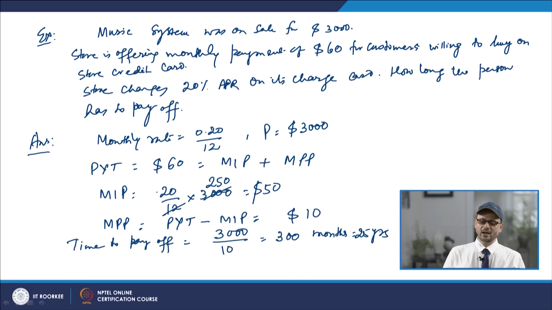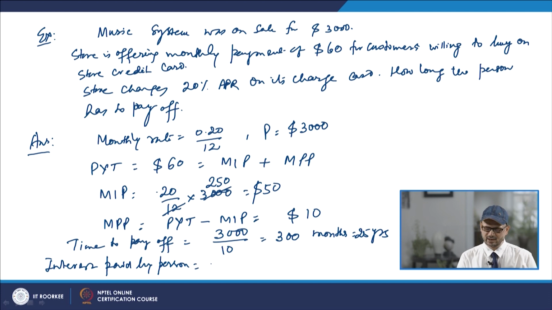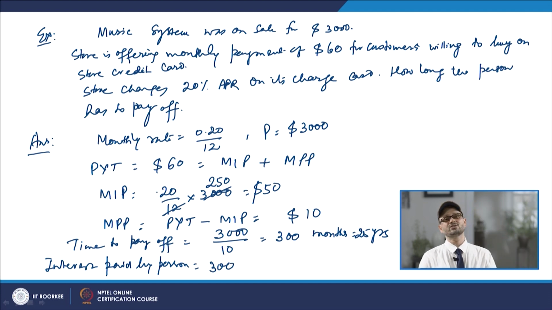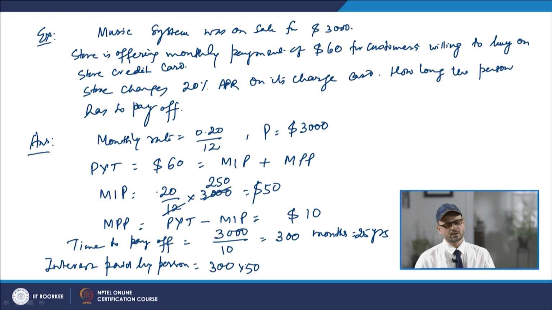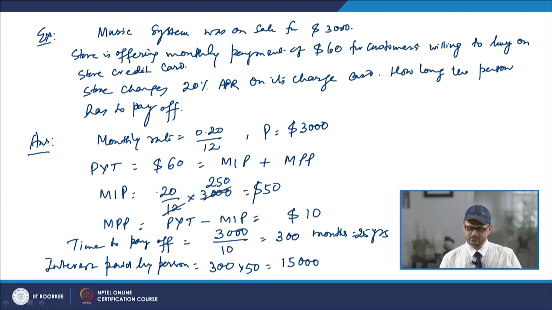If you calculate the interest charged, for 25 years or 300 months he is paying interest of $50 every month. So roughly he is paying $15,000 as interest.